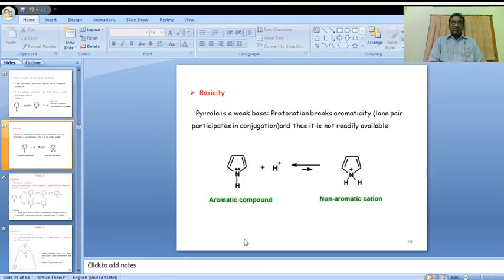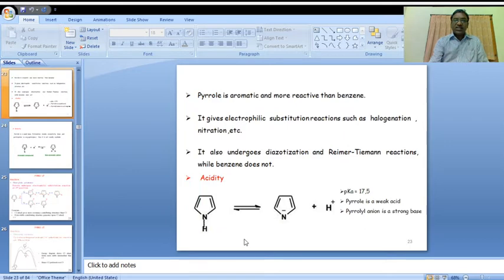Basicity of pyrrole. Here, pyrrole is a purely aromatic compound. On reaction with the H plus ion, it gives a non-aromatic cation. It is an unstable compound, but in the earlier reaction, it gives the pyrrolyl anion, which is a stable compound.